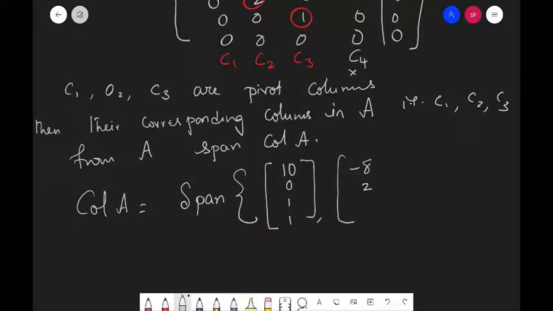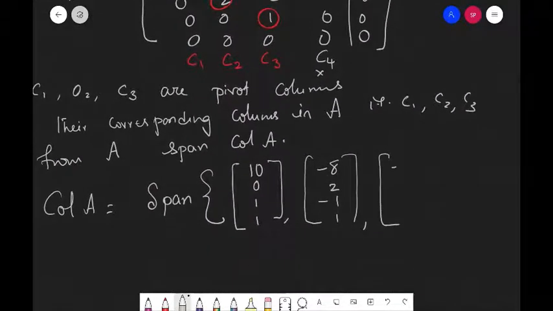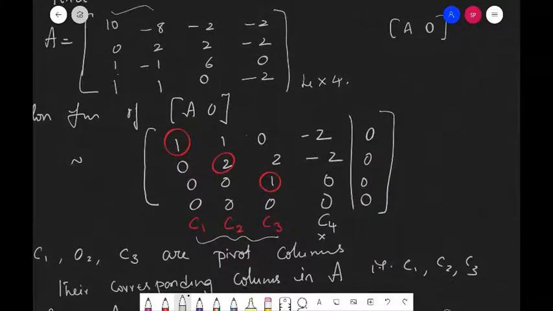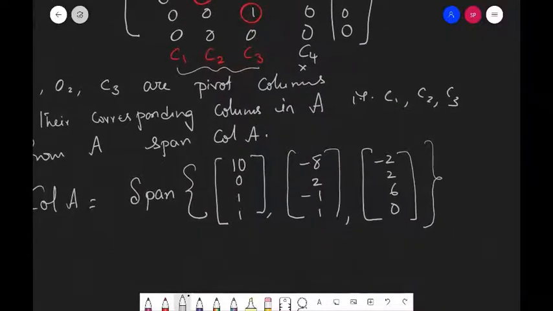And C3, the third column in A, is minus 2, 2, 6, 0. So these three vectors will span column space A. Whichever are the pivot columns, their corresponding columns in the given matrix will span column space A. This is what finding column space A is.